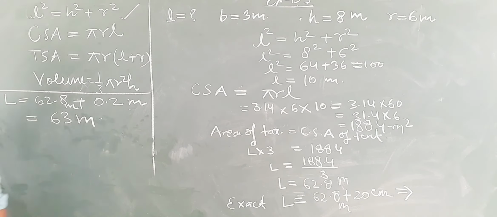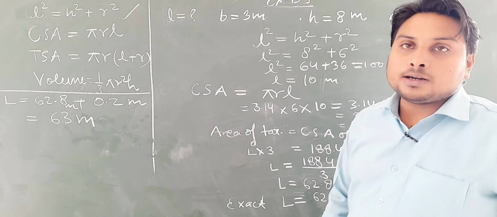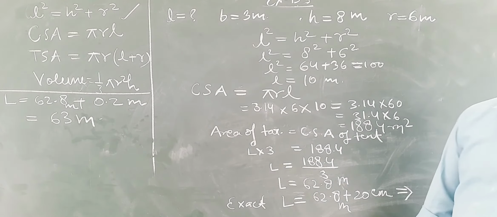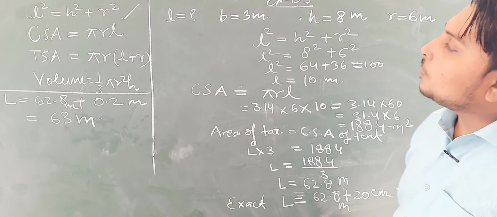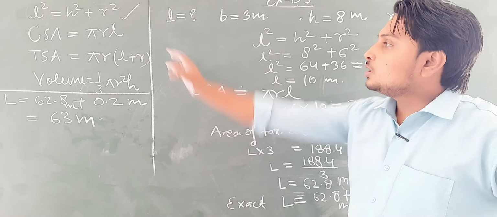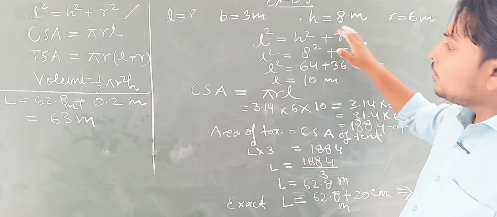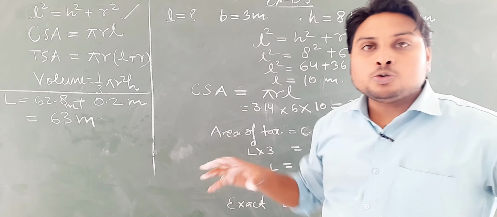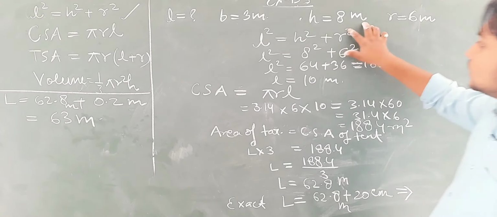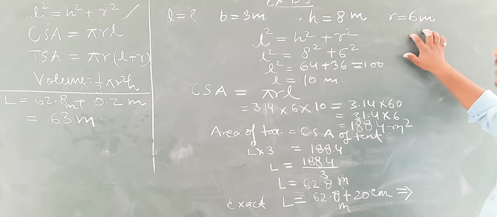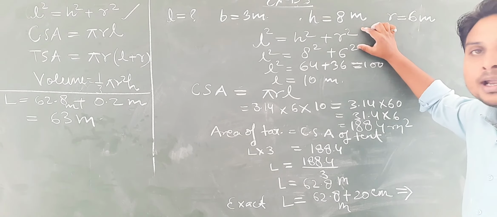If you have not understood, just try to understand it one more time. There was a tarpaulin in the form of a rectangle, whose length you have to find. Breadth is given 3 meter, and the tarpaulin is used to make a cone. The height of the cone is 8 meter, the radius is 6 meter, and there is a relation between slant height and radius.